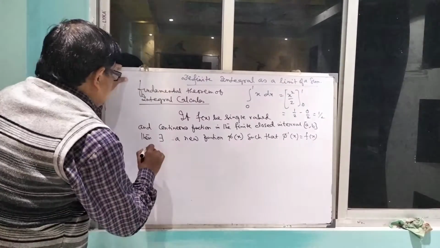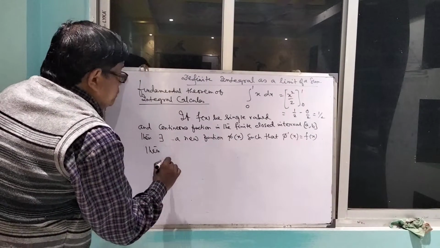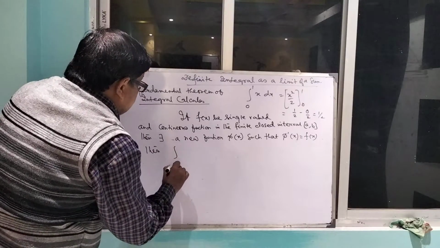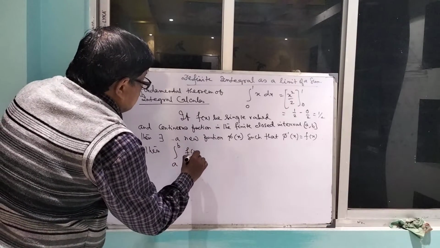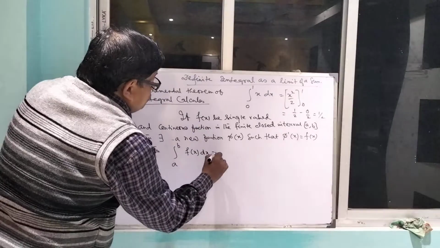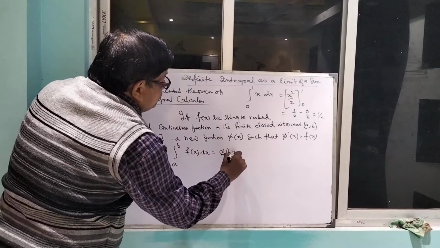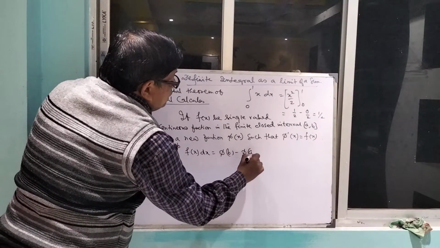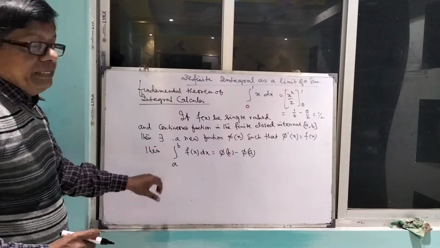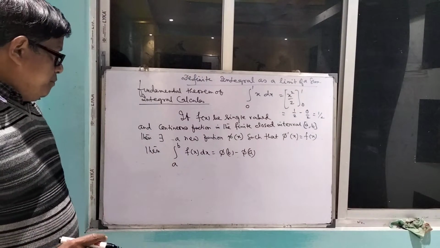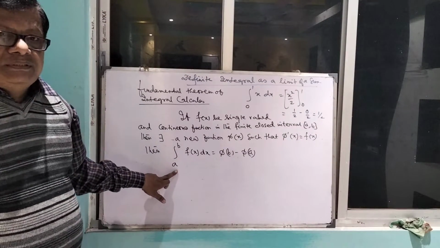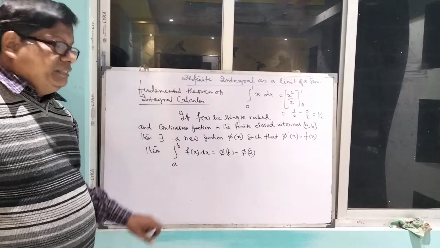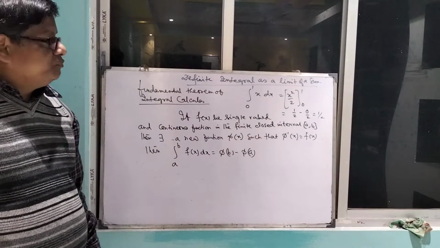Then integration a to b f(x) dx equal to phi(b) minus phi(a). Here a is the lower limit and b is the upper limit.